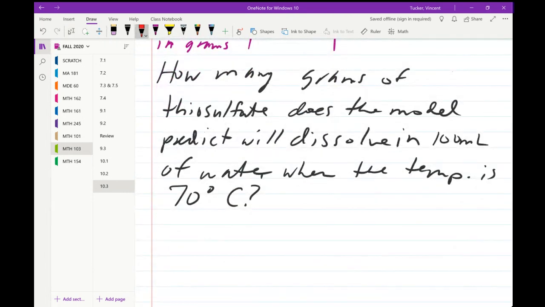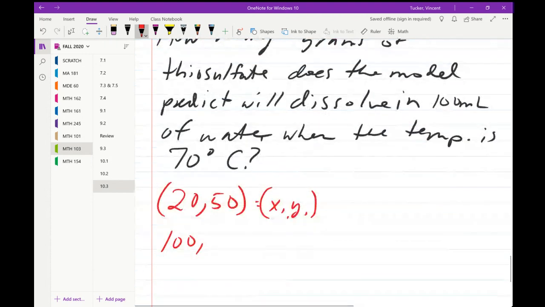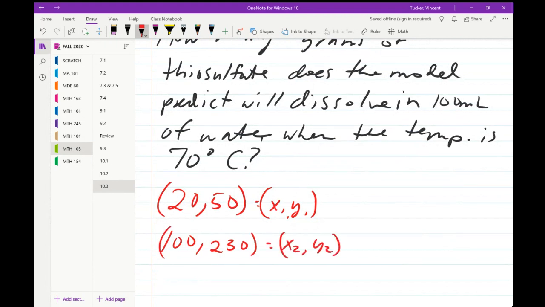All right, so I'm calling (20, 50) x1, y1, then (100, 230) x2, y2.